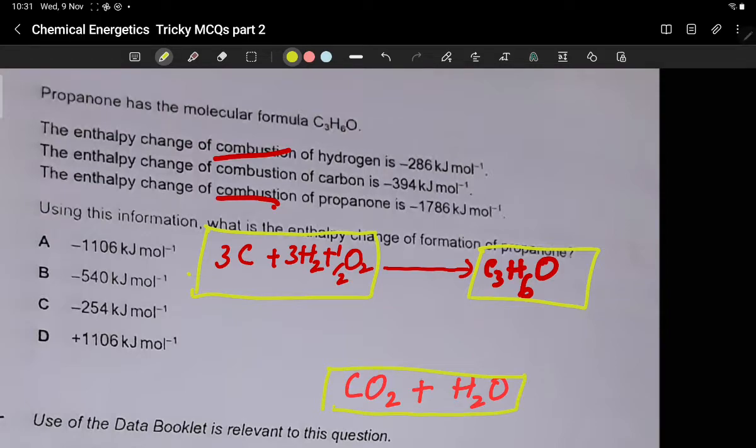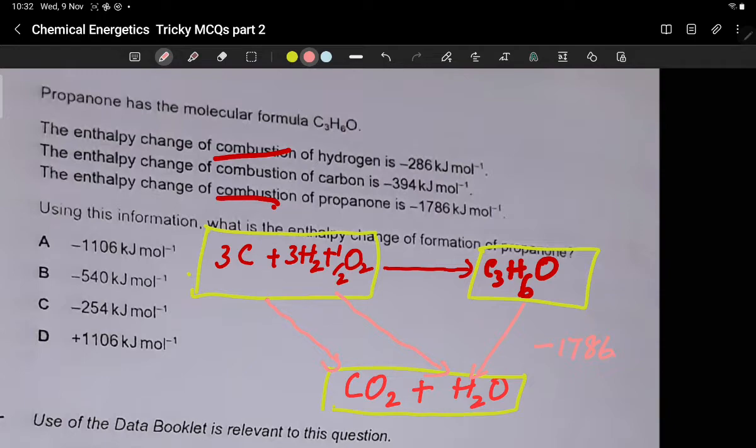So these are 3 triangles. The enthalpy change of combustion of carbon is given, the enthalpy change of combustion of hydrogen is given, and this is propanol, so this is equal to minus 1786.